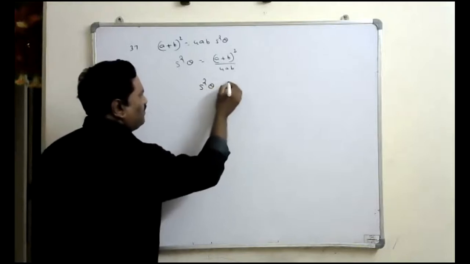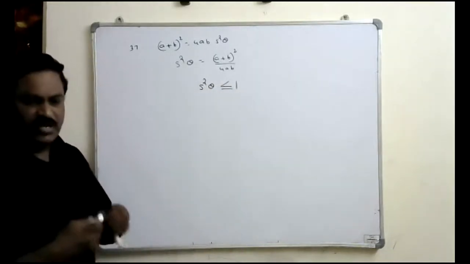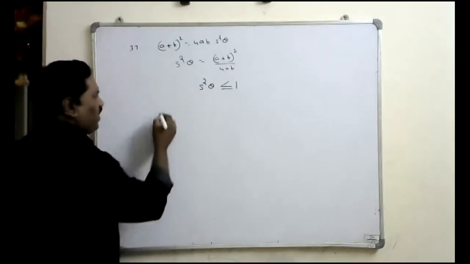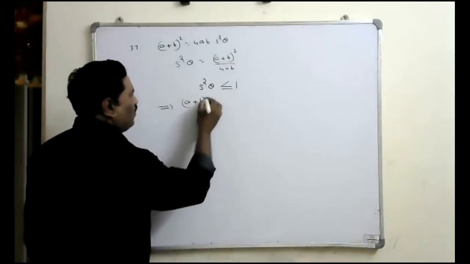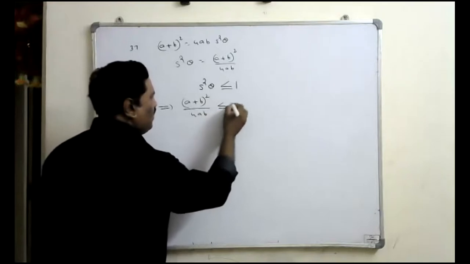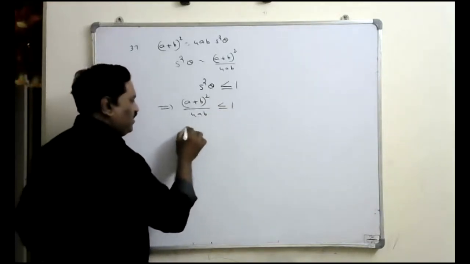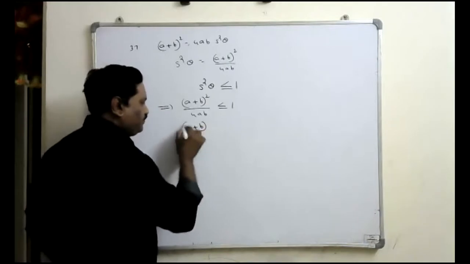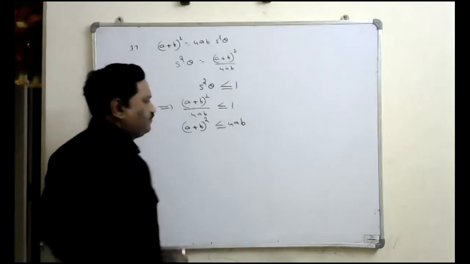That's why sine square theta is less than or equal to 1. So a plus b whole square upon 4ab is less than or equal to 1. Now send 4ab to the other side: a plus b whole square is less than or equal to 4ab.